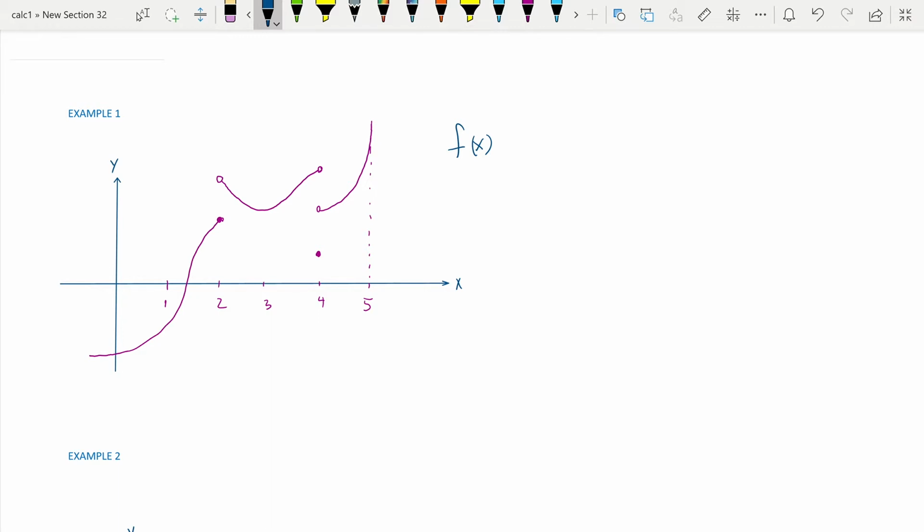So the first thing here we notice is that the function is discontinuous. f of x is discontinuous at x equals 2 and 4. No, 4 and 5.